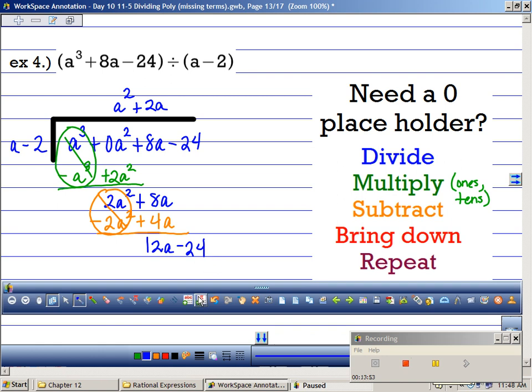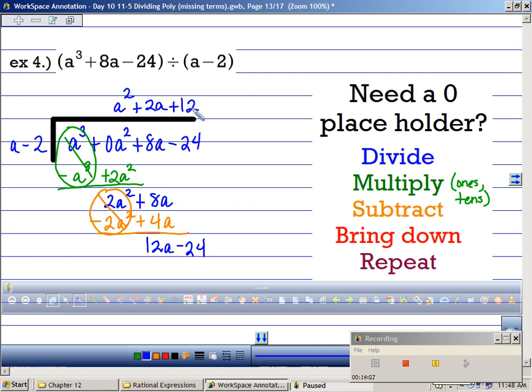Repeat. What am I concentrating on? 12a. How many a's are in 12a? 12. Look, isn't that nice and interesting? So it's a constant right above a constant. We must have done something right, right?